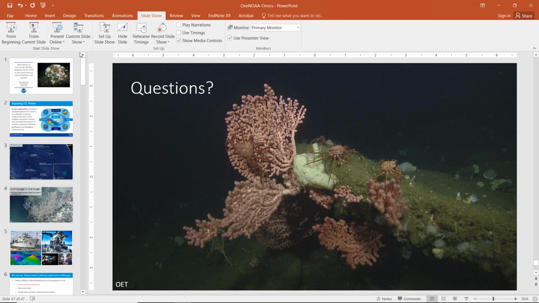I know both NOAA Ocean Exploration and then through the Deep Sea Coral Research and Technology Program and the Ocean Exploration Trust, all three of these groups have really great classroom materials that are available and curricula for classrooms. So explore through those. They've got great resources, including images and lesson plans that you can present to classes of various ages.